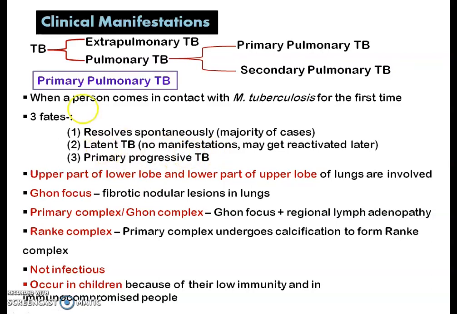Coming to the clinical manifestations, the organs affected are the upper part of the lower lobe and the lower part of the upper lobe of the lungs. Then there will be a Ghon focus, which is the fibrotic nodular lesions in the lungs where this bacteria get colonized.